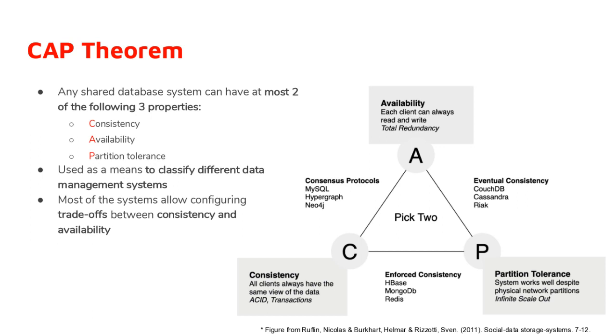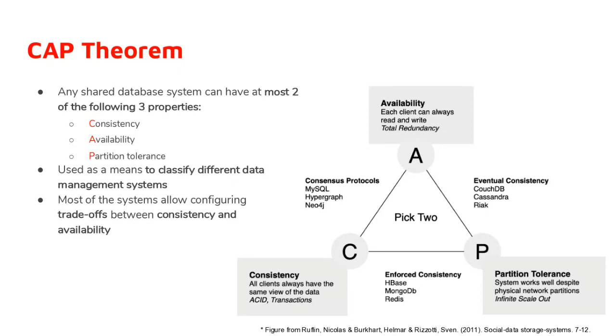And then you have the CAP theorem. The CAP theorem is really central to these NoSQL types of systems, and it's not a theorem in the theoretical sense. It's more of an observation, but the observation is that if you have a distributed database system, you can have at most 2 of the following 3 properties, and that's CAP.